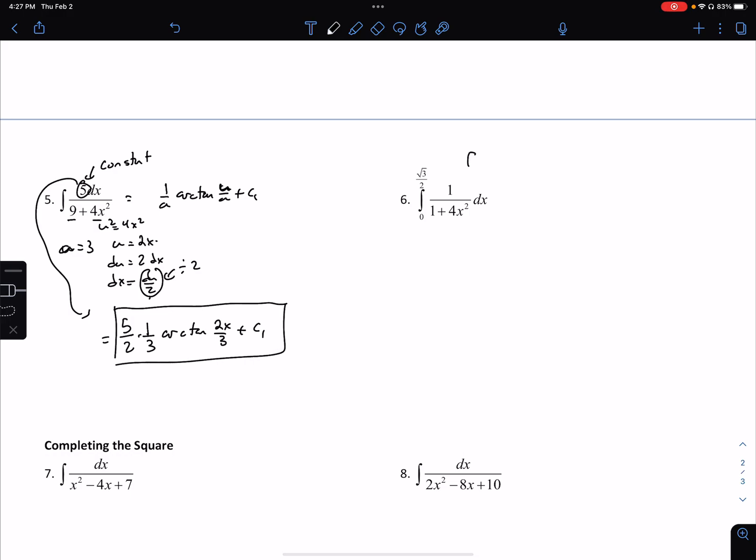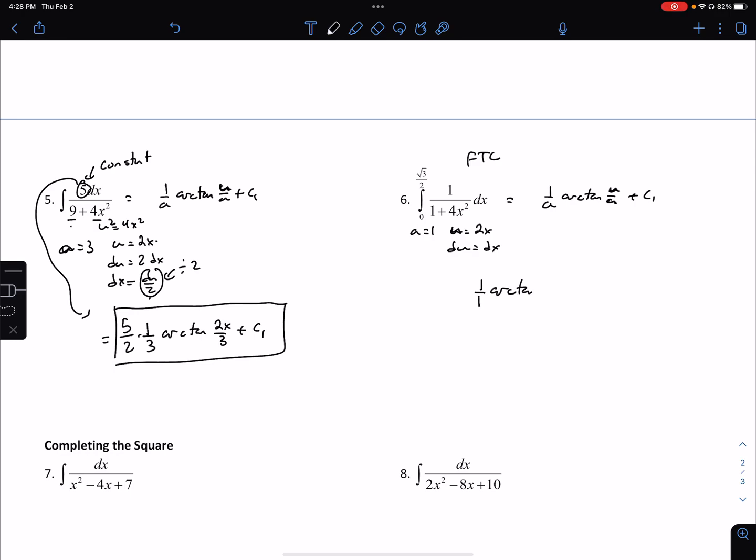So number 6, oh, look, this is our FTC question. This is, again, arctangent, so I know it's going to be in the form 1 over a arctangent u over a. We like that arctangent. I told you, you can see arctangent quite a bit. So a is 1, u again is 2x. Now we actually kind of already did this one, so we're not going to reinvent the wheel here. We know that this is just going to be 1 over 1 in this case, because it's very similar to this one.